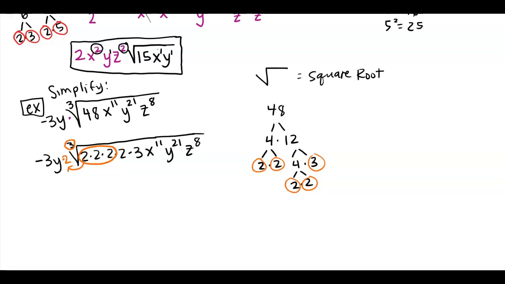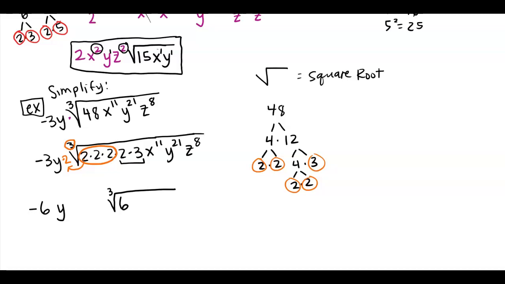So then what I have on the outside there is negative 6y, right? And I'm going to leave some space here because I'm going to be bringing things out, my x's, y's, and z's. Then I have my cubed root of whatever's left over. So I can see that my leftovers as far as my numbers go are going to be 2 times 3, which is 6. So 6 has to stay inside there.